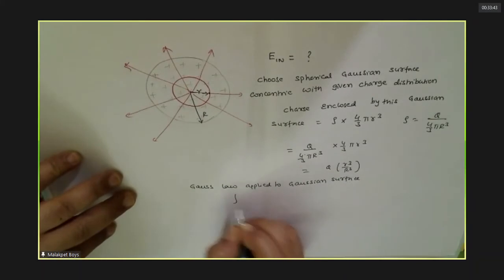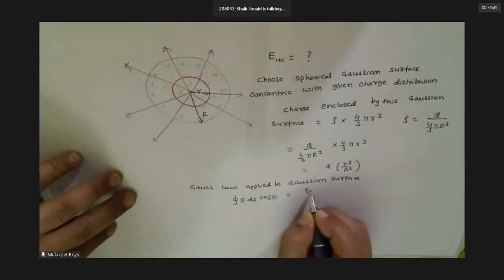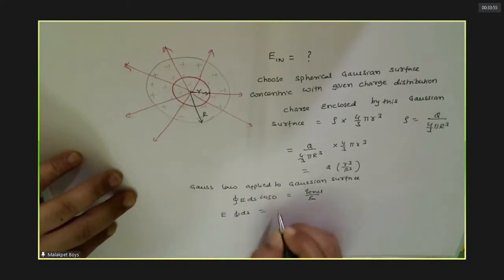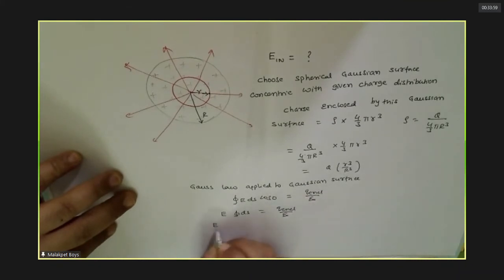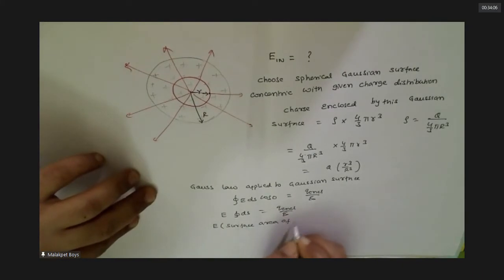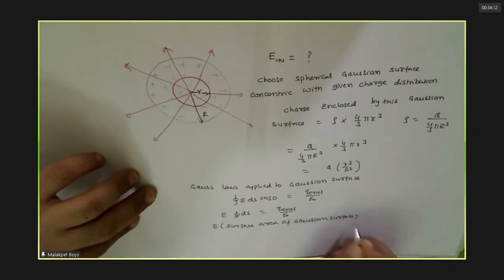You can see again you have E ds cos 0 only, no? E is constant at every point, I can remove it, no? E into what is this? Surface area of Gaussian surface, no? Follow this?